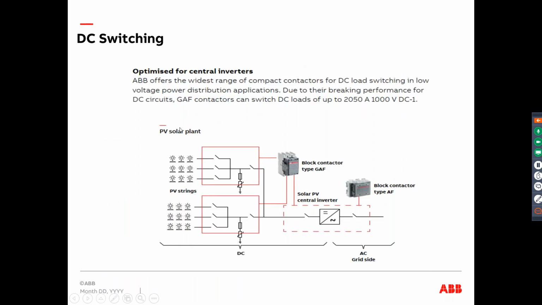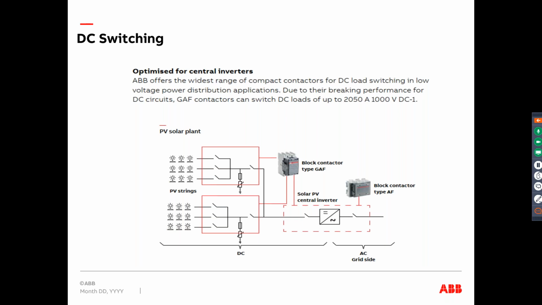We have special contactors for DC alone, the GAF type, which are especially used in PV solar applications. They go up to 1000 volts DC1 category and 2050 amperes. I've noticed in Australia that for some reason in solar applications they use DC3. DC3 is, as I showed you in my previous slide, for motors with high inrush.